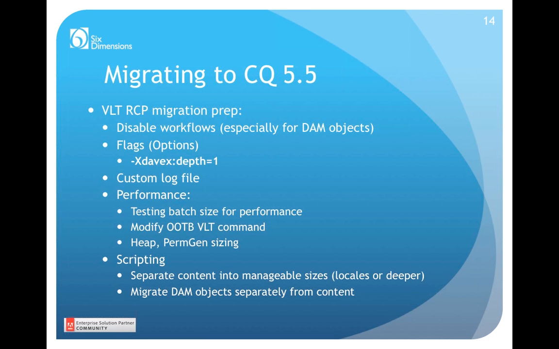But typically, when you're doing a migration, you already have the DAM objects in the source repository as well as also the renditions, because when they were uploaded into your source repository in the first place, those renditions were created by these same workflows. So you're going to be migrating the renditions as well. Well, what happens is it uploads the image and the CQ listeners see that new image and start creating these renditions.